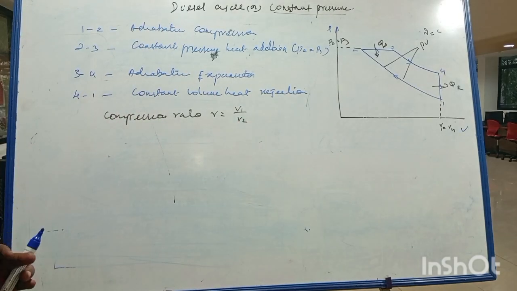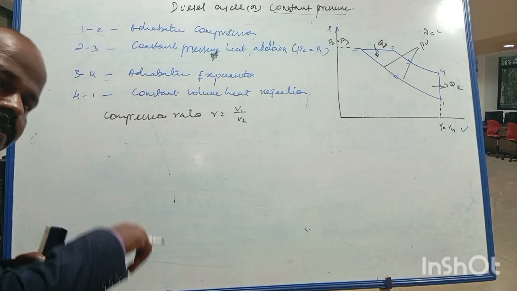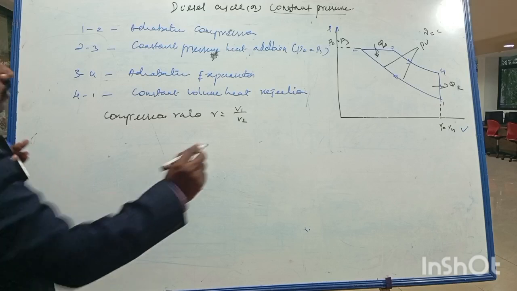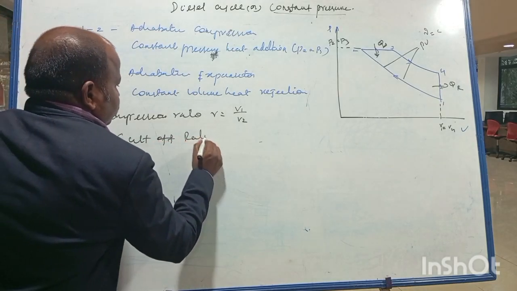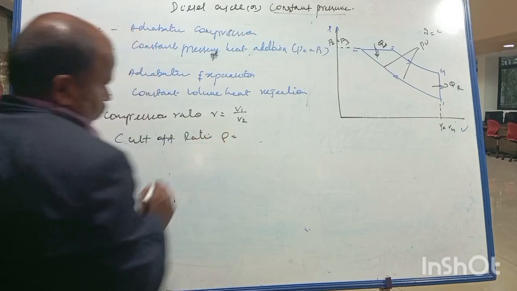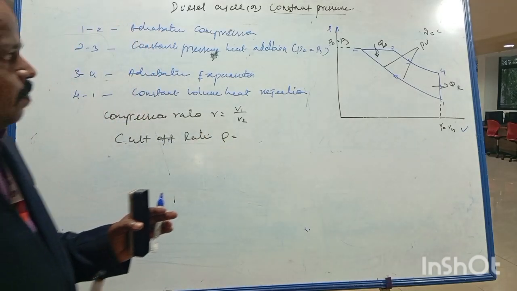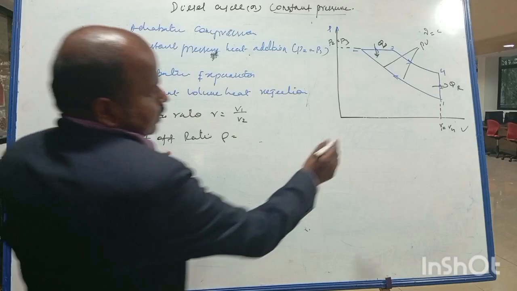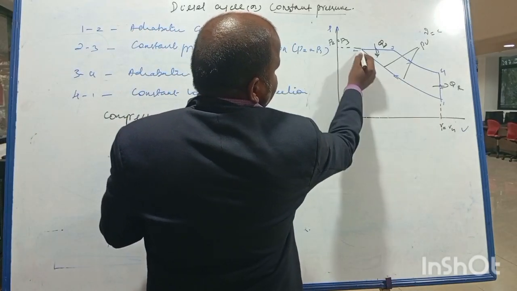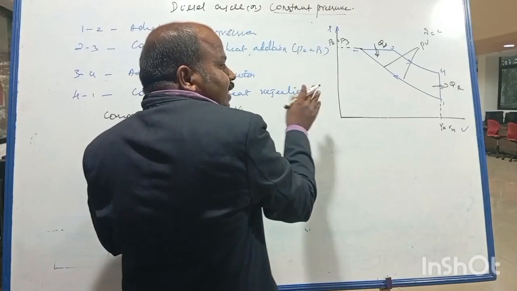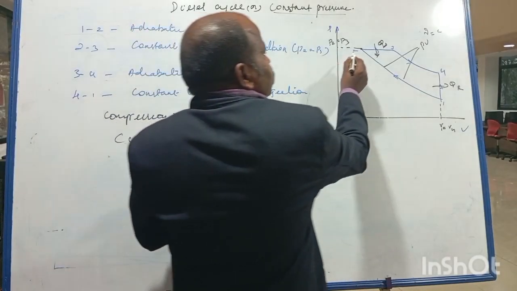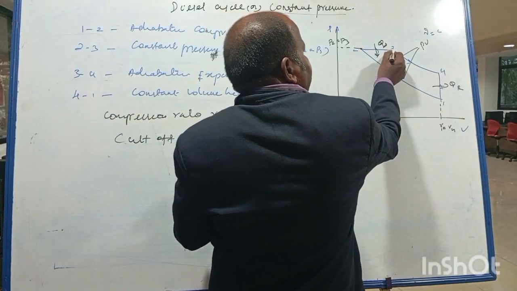One more term also comes into play in this diesel cycle, called the cutoff ratio, denoted rho. What is meant by cutoff ratio? If you look at this diagram, 1 to 2 is adiabatic compression. Once this process is completed, the heat addition starts, which will end at this particular point.